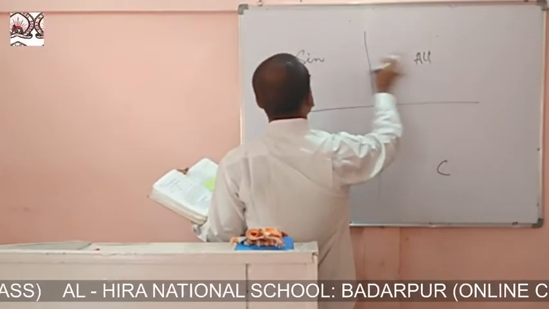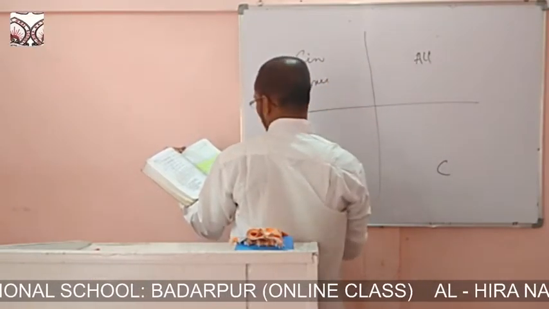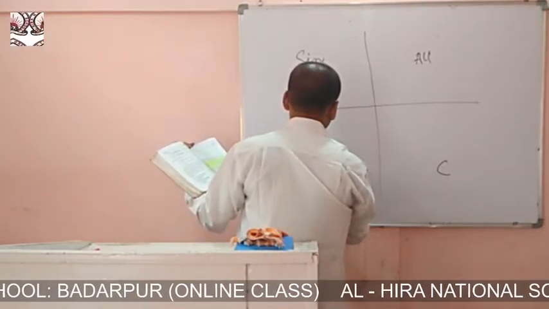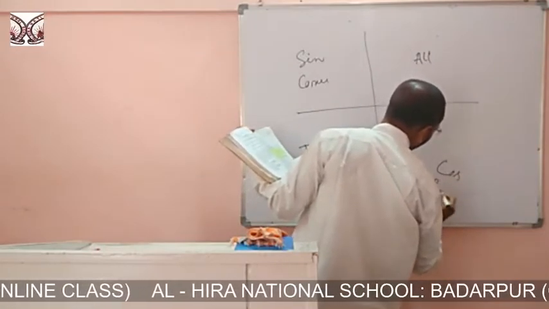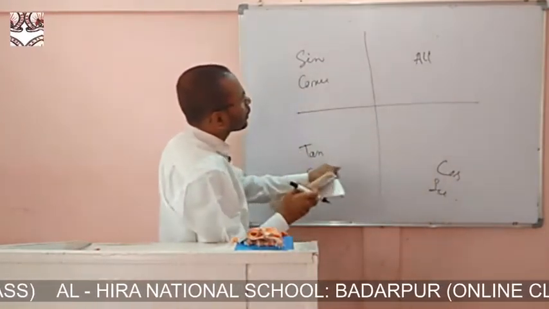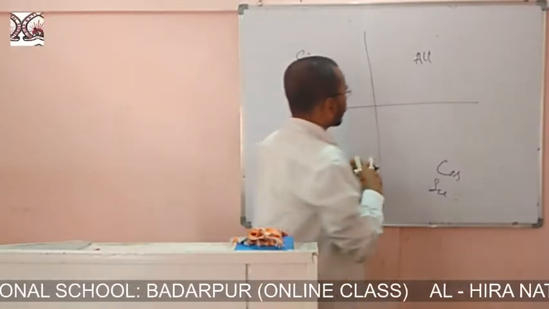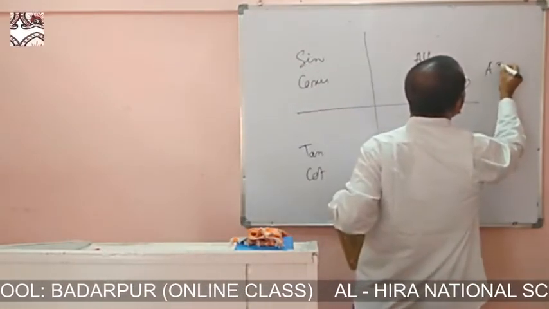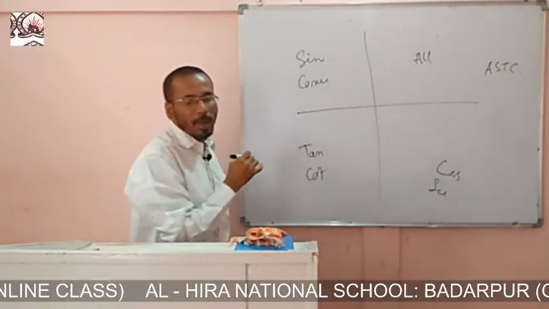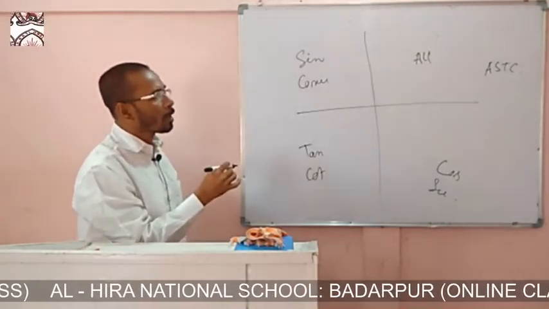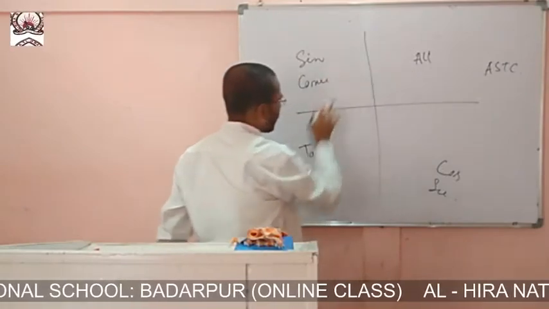So all, sine, and in place of sine there will be cosec, in tan it will be cot, and in cos there will be sec. So this is the ASTC rule. Otherwise we can say it is add sugar to coffee, or ASTC.